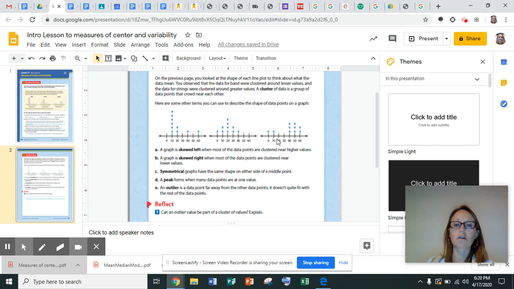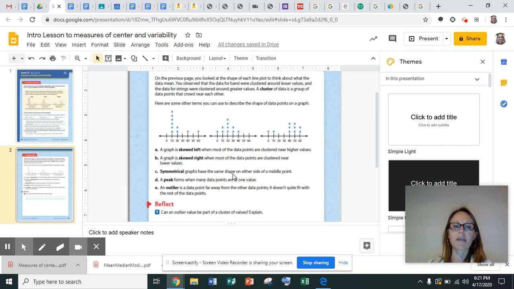So this graph right here would be known as skewed left, which is kind of confusing because it looks like all of the information is on the right, but it's actually skewed left when most of the data points are clustered near higher values. A graph is skewed right when most of the data points are clustered near lower values. Okay, so this one is skewed right.